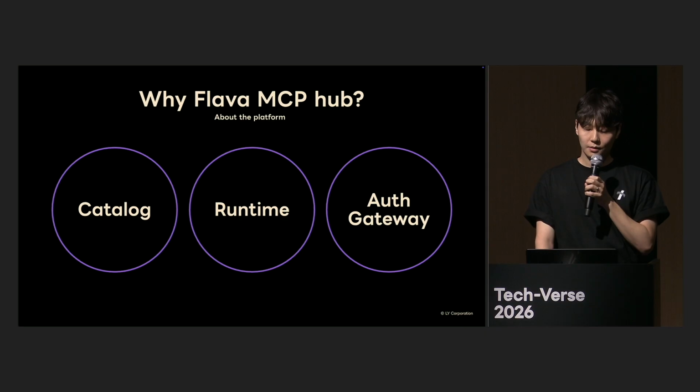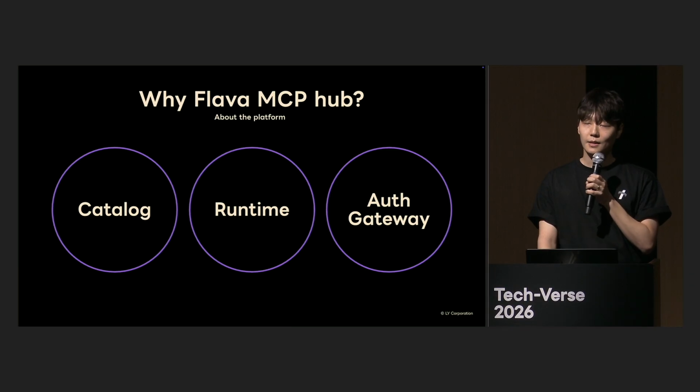The runtime makes it easy to create, deploy, and use MCP servers directly. And finally, the Auth Gateway acts as an authentication gateway that allows for easy setup of permissions and access control. The Flava MCP Hub simultaneously takes on these 3 roles.